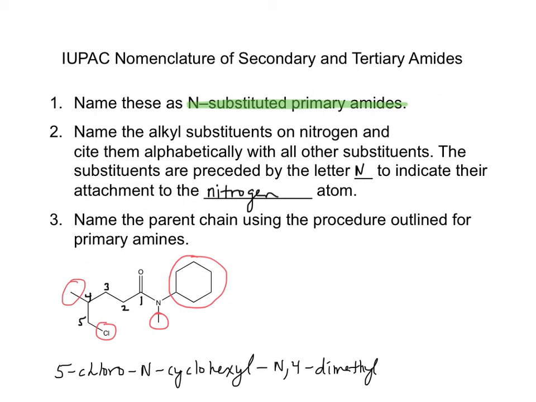And then it is based on 5 carbons, so that'd be pentanoic acid. So pent-an, we're going to drop the oic acid part and put amide. And we are finished. 5-chloro, N-cyclohexyl, N,4-dimethyl pentanamide.